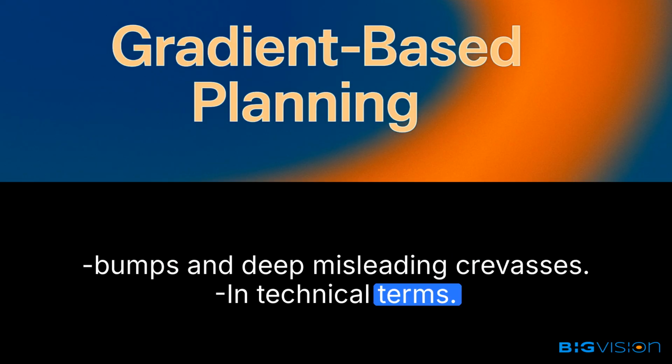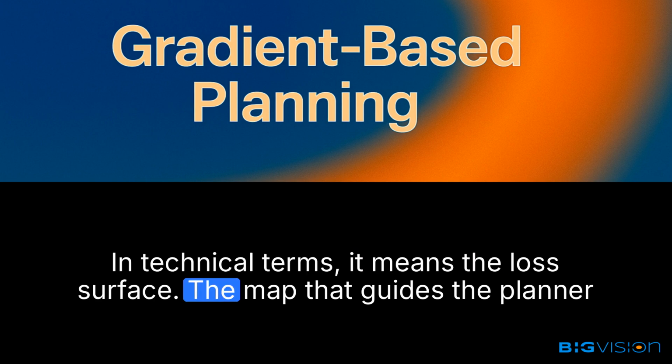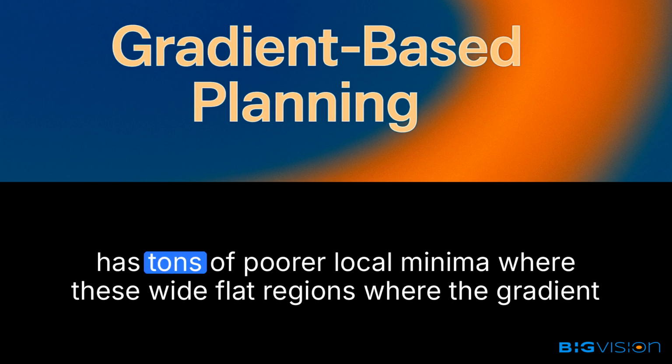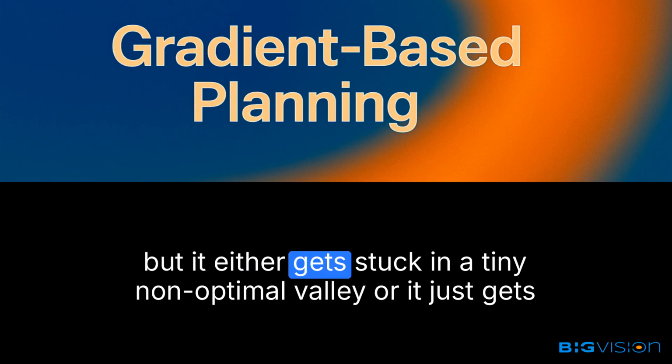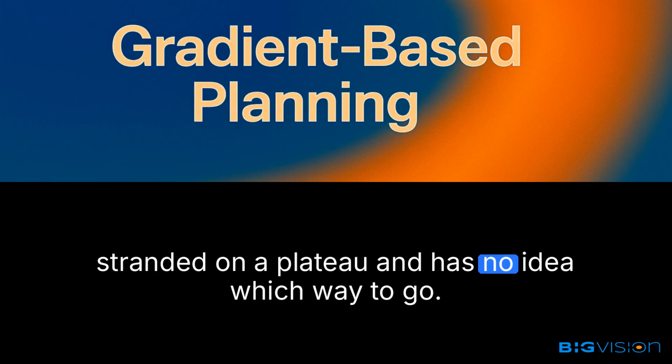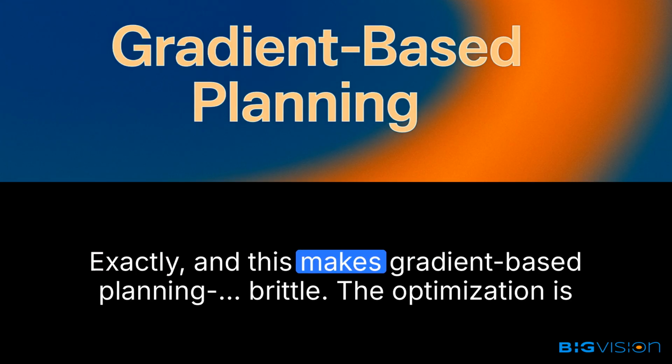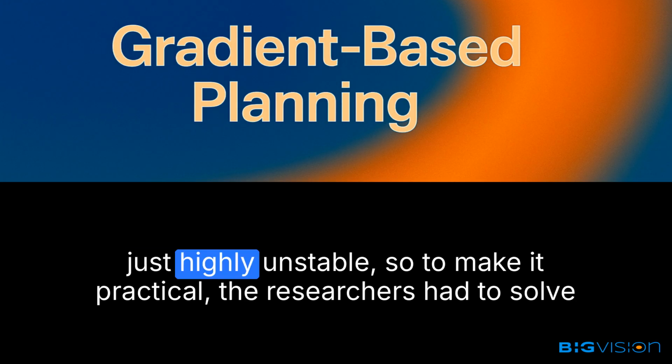In technical terms, it means the loss surface, the map that guides the planner, has tons of poor local minima or these wide, flat regions where the gradient is basically zero. So the algorithm starts going downhill, but it either gets stuck in a tiny, non-optimal valley or it just gets stranded on a plateau and has no idea which way to go. Exactly. And this makes gradient-based planning brittle. The optimization is just highly unstable.